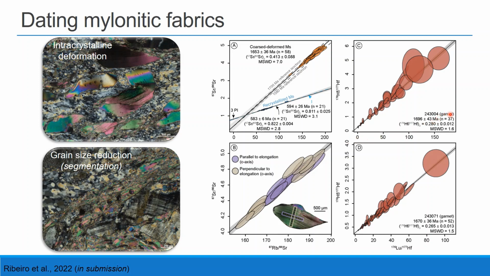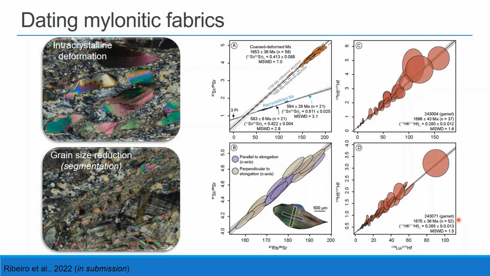So we dated garnets again with lutetium-hafnium in situ. This sample is from the same drill core as this one, and we get 1696 plus or minus 43, which matches pretty well with these ages. And this one is 50 kilometers away from this drill core, which is again 1670 plus or minus 36 million years.